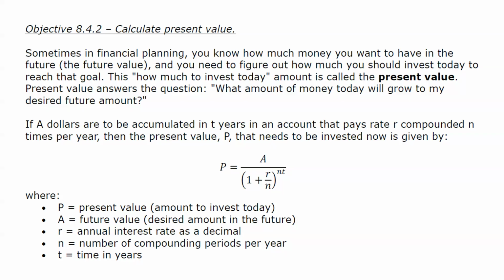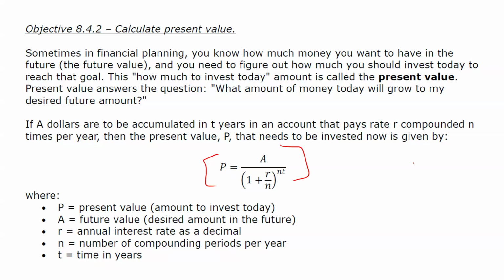So if $A is to be accumulated in T years in an account that pays rate R compounded N times per year, then the present value P that needs to be invested now is given by the following formula. Now, this formula is not a new formula.